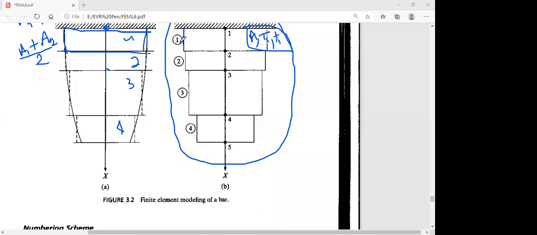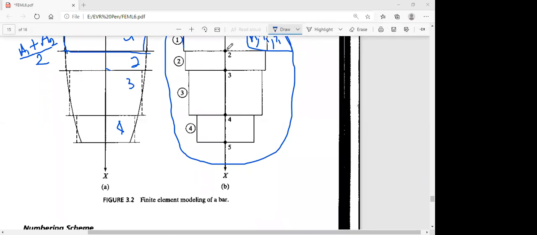We have to distinguish the element numbers from node numbers. So in finite element modeling, we give element numbers as circled numbers, and node numbers as natural numbers 1, 2, 3, 4, 5.